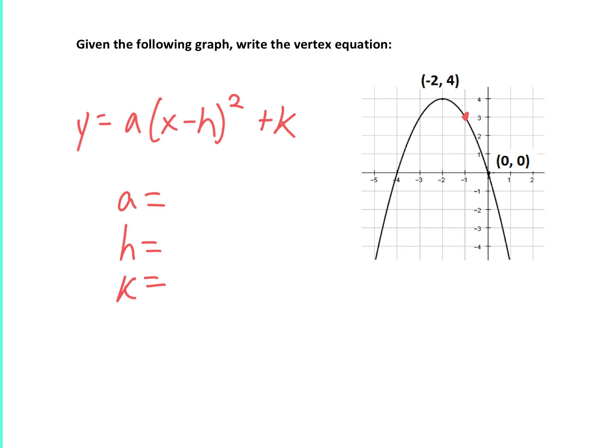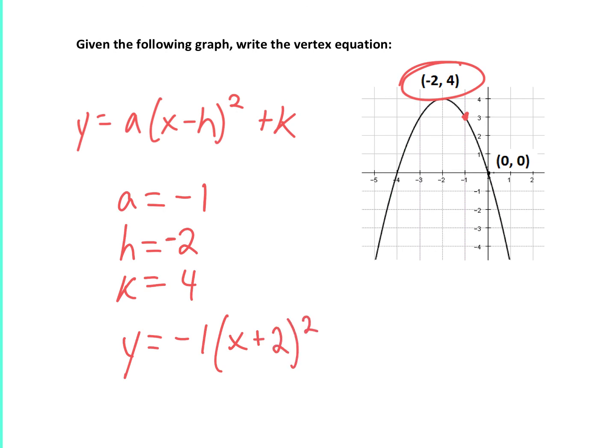Down 1 over 1, the slope from the first point. What's h? It's the vertex. H would be positive 2. Well, it's actually negative 2, but when we plug it in, it's going to be positive 2. And then k is 4. So we plug this in: y equals negative 1 times x plus 2 squared plus 4.